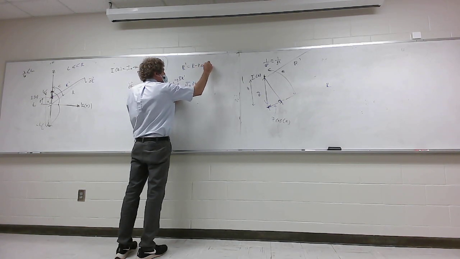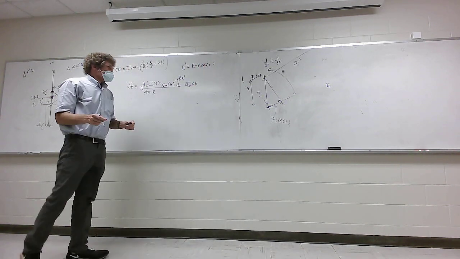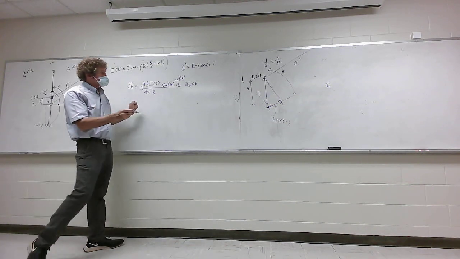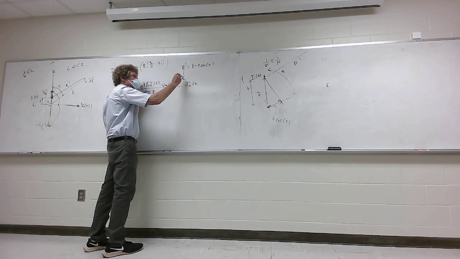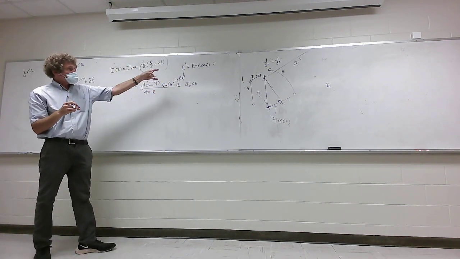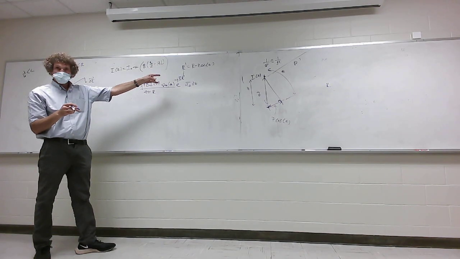z times cosine of theta. Now, I'm not going to have time for this today, but I want you to appreciate this. I'm going to take this and stick it in here. And when I do, I can factor out that e to the minus j beta r. I'll do this next time and show you.